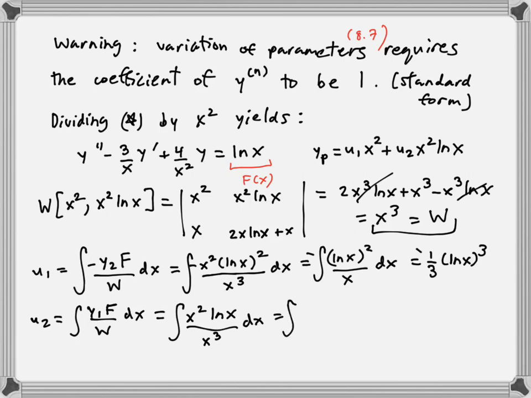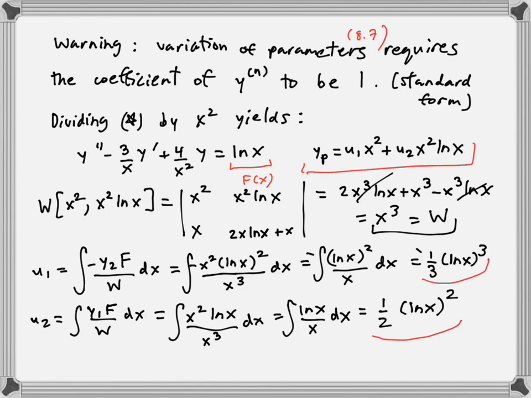So this one is just a single ln. Okay. What's this going to be? This is going to be 1/2 times (ln x)². Okay. And so we've got our u2, we've got our u1, and this right here is our yp.